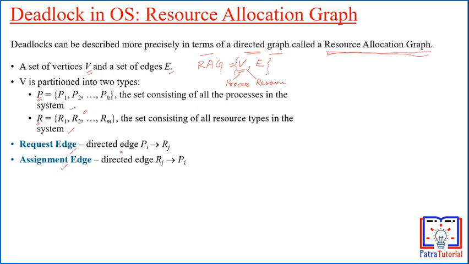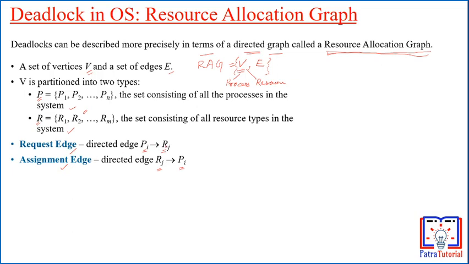Both the edges are directed edges, but if the edge is a request edge, then it must go from process to resource. If it is an assignment edge, the directed edge must come from resource to process. So the direction of the arrow represents whether it is a request edge or an assignment edge.